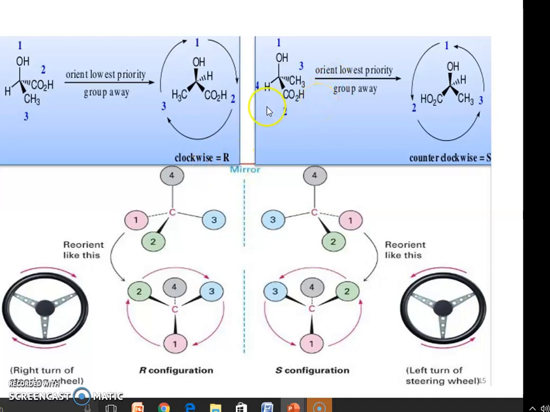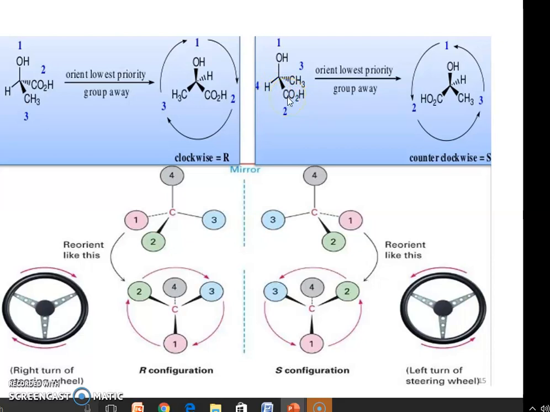Similarly, for the other group, what we have to do is put the lowest priority group away from the viewer. If it is anti-clockwise, you just interchange twice. CO2H will come here with the first exchange, H will come here.